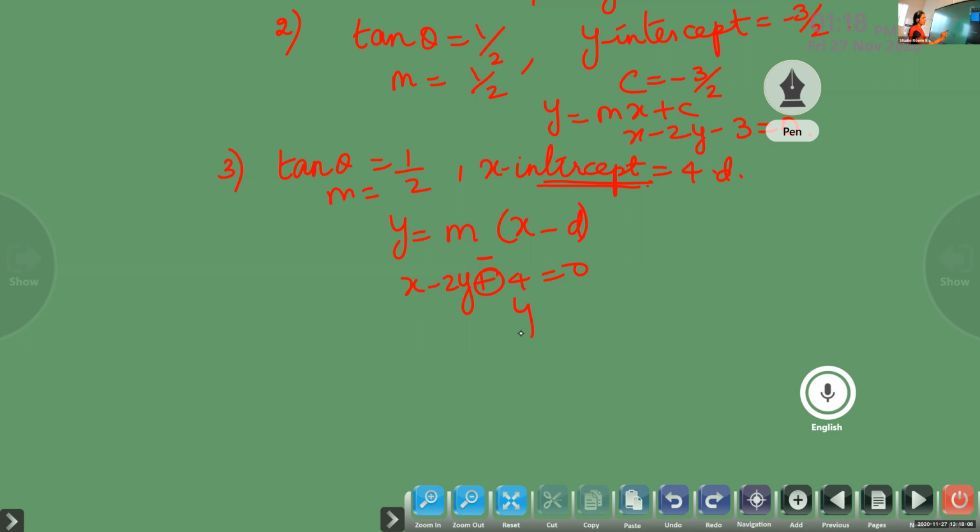Y is equal to half into x minus 4. Cross multiply this, so you will get 2y is equal to x minus 4. Now take the y term to the other side. So you'll get x minus 2y minus 4 is 0. What about Alvin? Femina, is it okay?